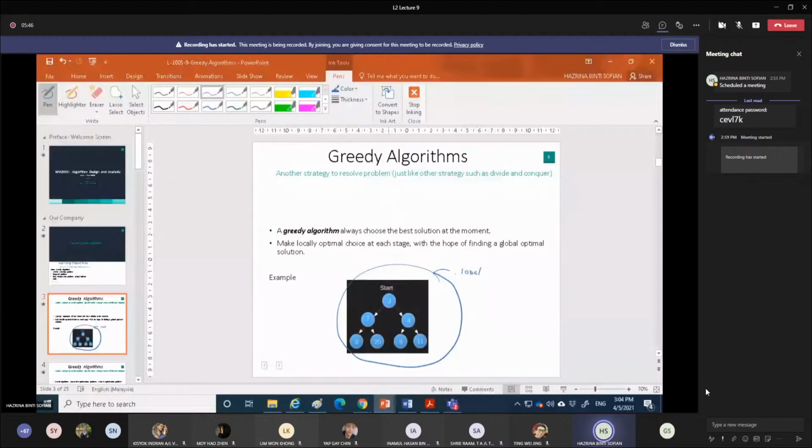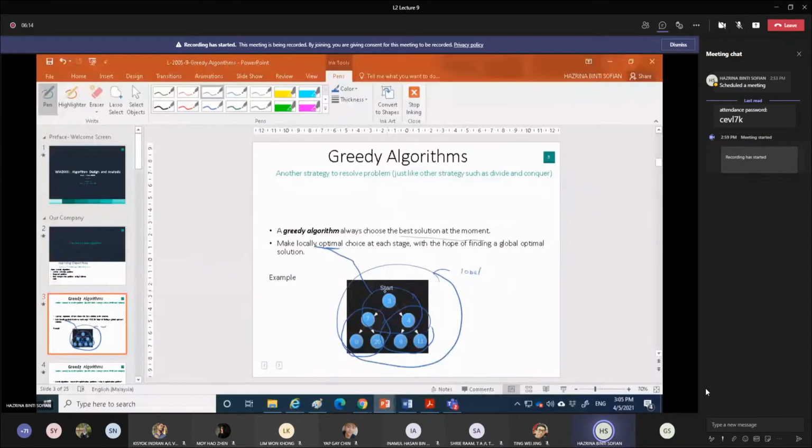And then we have some local problems here. These are the local problems. When we mention the word optimal, it means the best solution at that moment.